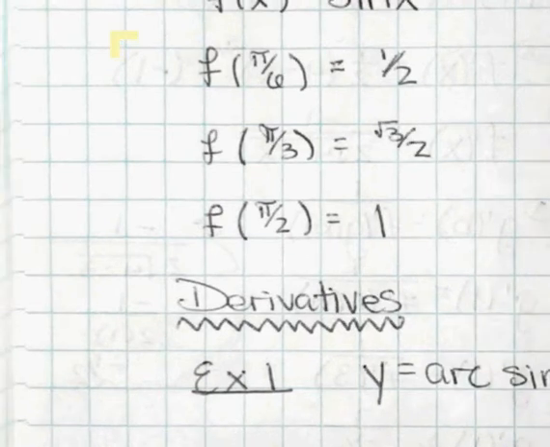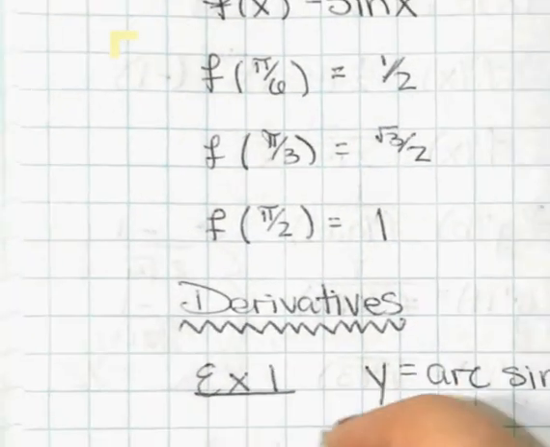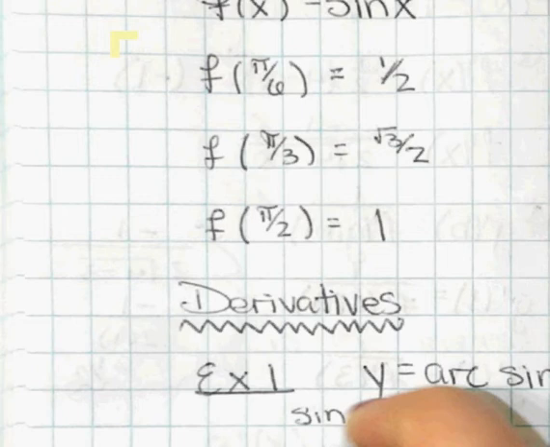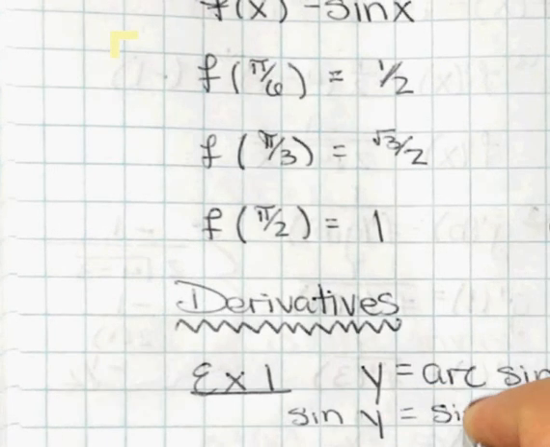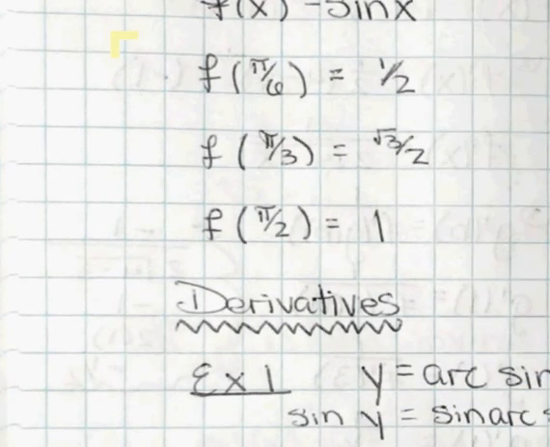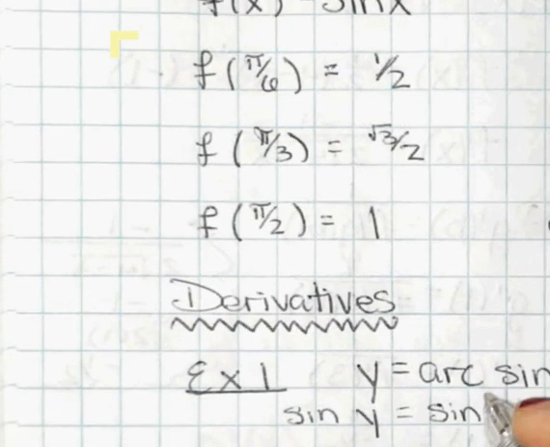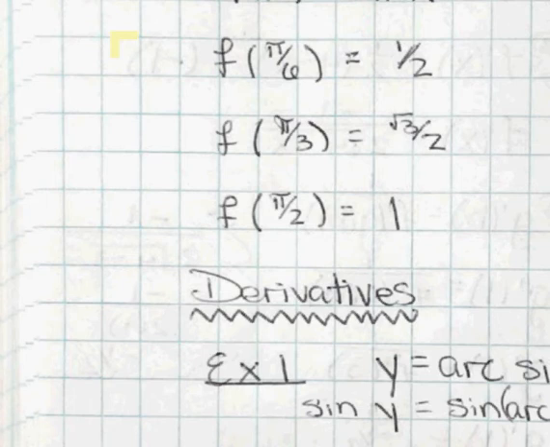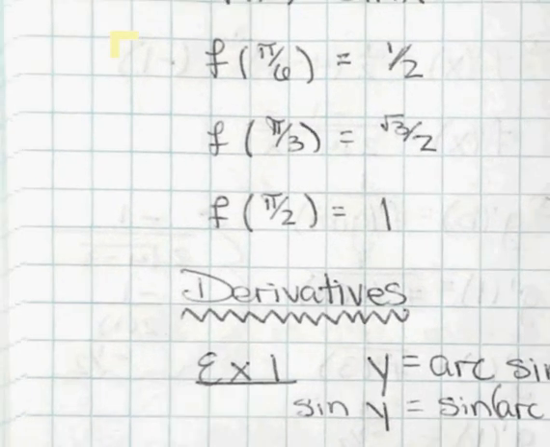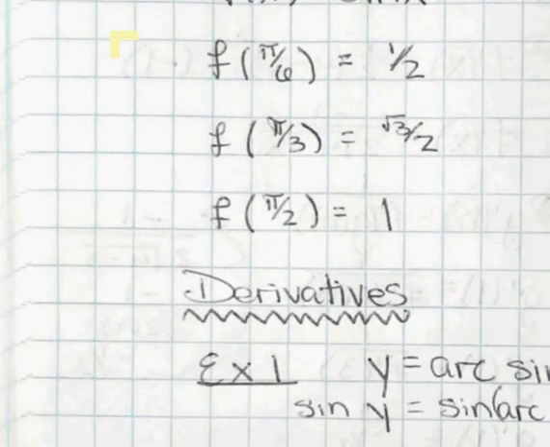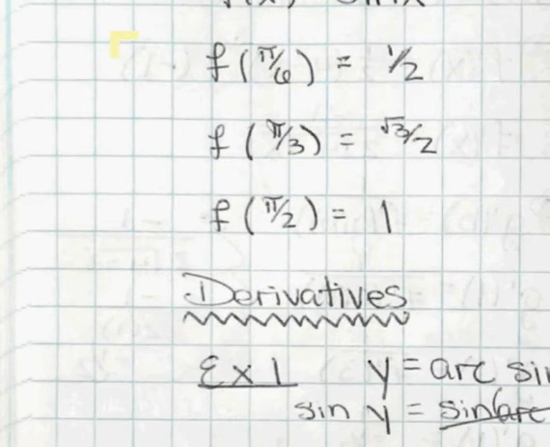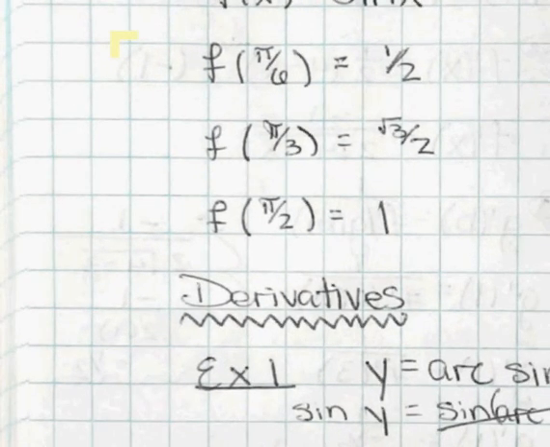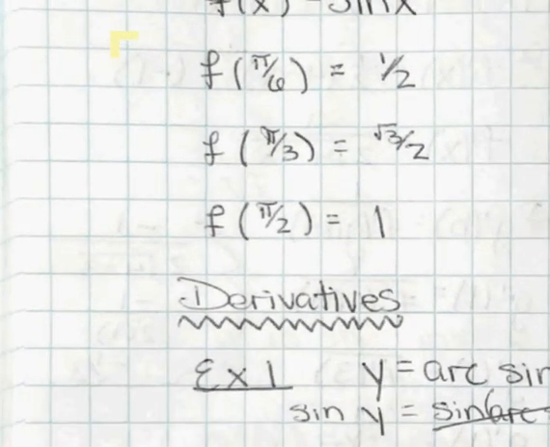Sine. Okay? So what I'm going to do is sine of y is equal to sine of arc sine x. Do you guys see what I'm doing here? If I'm doing the inverse, this is actually going to cancel. So now you have that sine of y is equal to x.